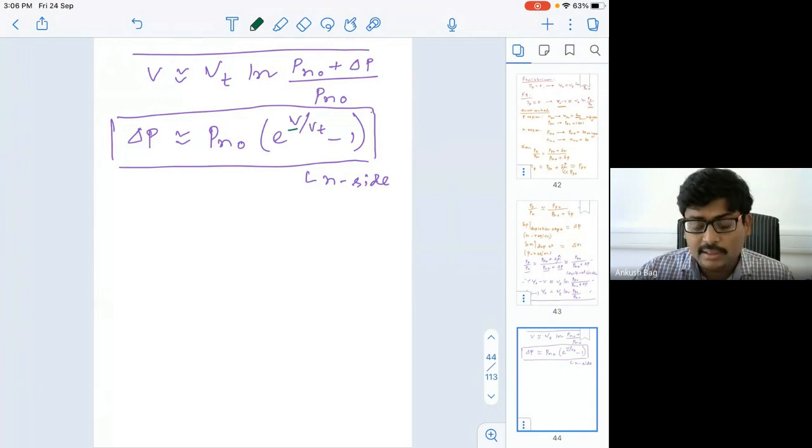From this equation, a few more comments. The first comment is that this equation will give us the exponential current voltage characteristics of our diode.